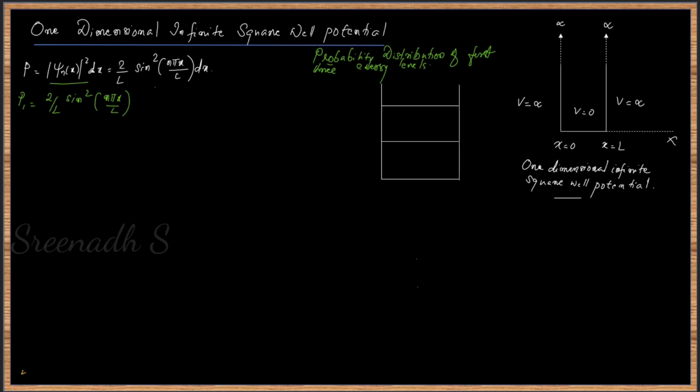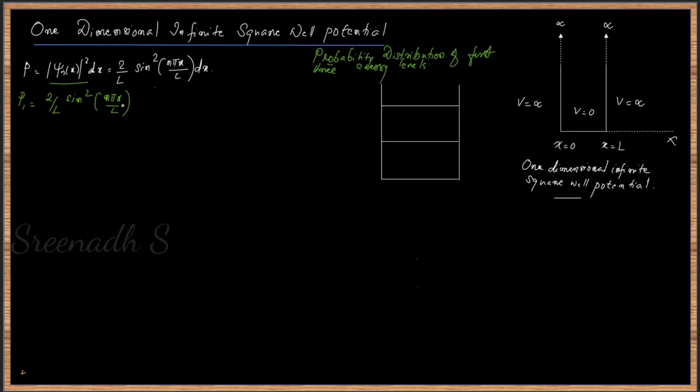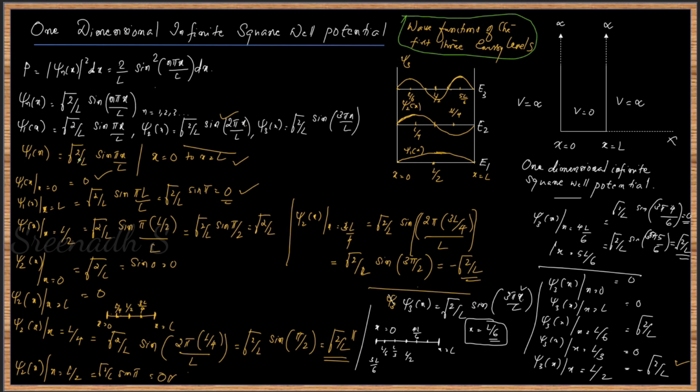In the previous calculation we have seen how to draw the wave functions. So here actually psi star psi is psi square. So while we draw the graph, we can just take the previous slide and we just need to square. So the minus value gets squared and it becomes plus.